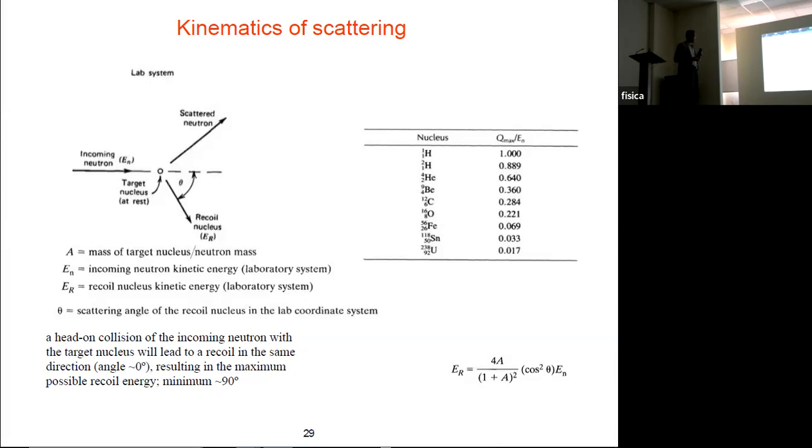In this case, you can see that the maximum energy can be transferred using this equation. And here are some examples of elements, the most common moderators: hydrogen, helium, carbon. As I said, here you can see the ratio of energy transferred to the nuclear recoil.